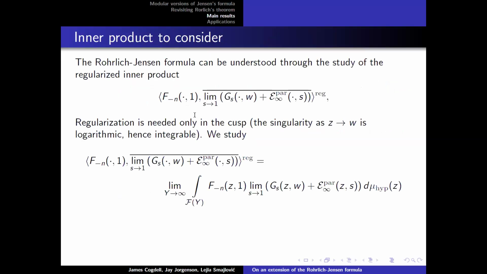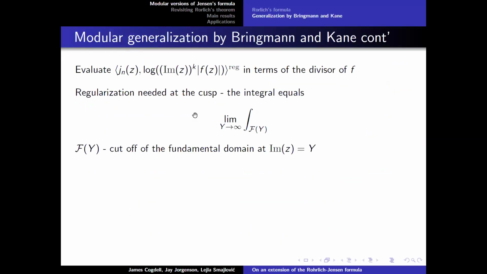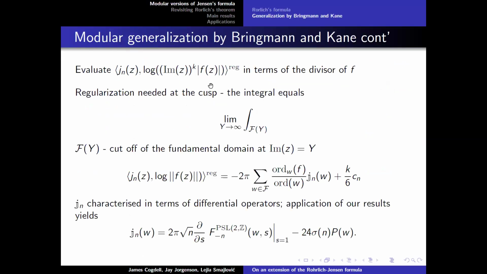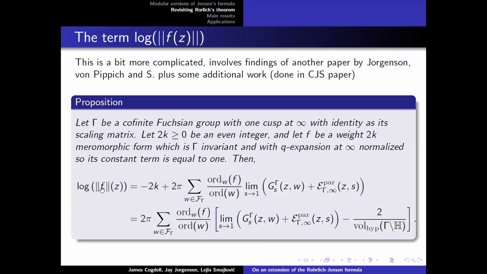Okay, so what is the inner product for us to consider? If you go back, what we want to generalize is this inner product. So instead of J_n, we will take the Niebur-Poincare series, and instead of the log norm, we will take the prime form, which is the limit as s tends to 1 of the sum of the Green's function and the parabolic Eisenstein series.